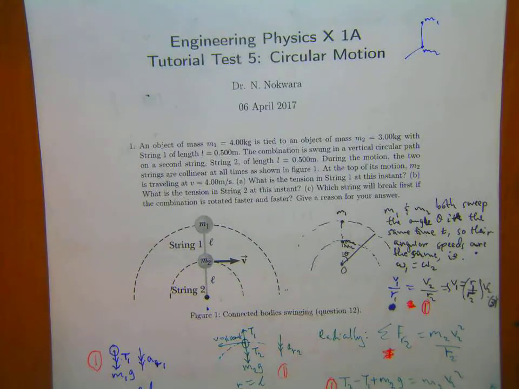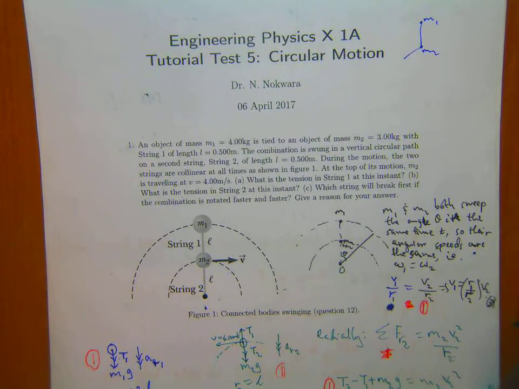So with that in mind, there are a few things that you need to be careful about. We need to draw the free body diagram so that we can solve the problem. But let me explain a piece of physics that most of you missed.